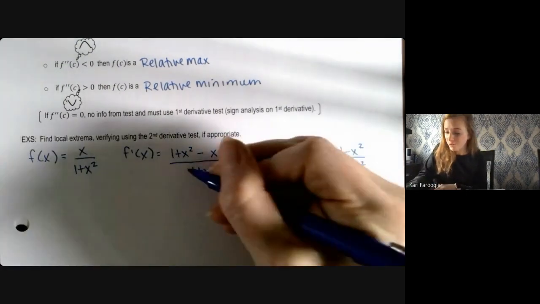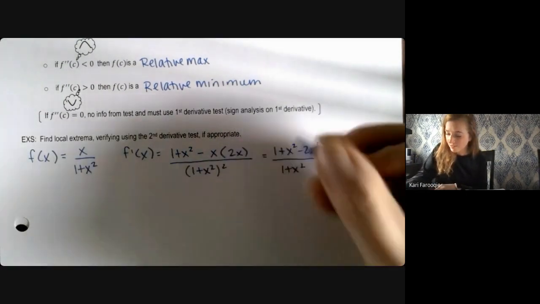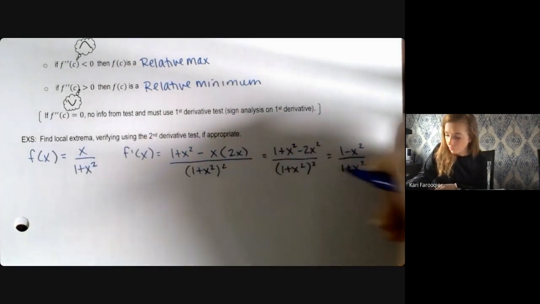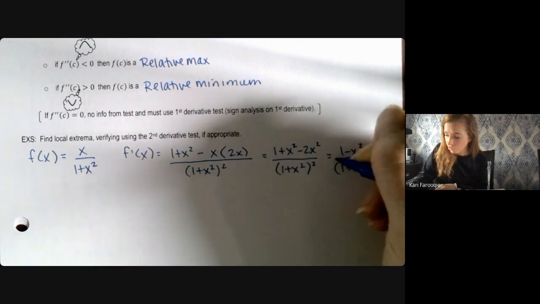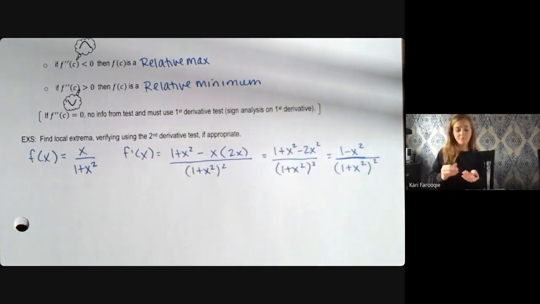Oh, and I forgot to square my denominator. Whoops, sorry. If you were at home wondering why I didn't do that, I just forgot. All right, so 1 minus x squared over 1 plus x squared quantity squared.